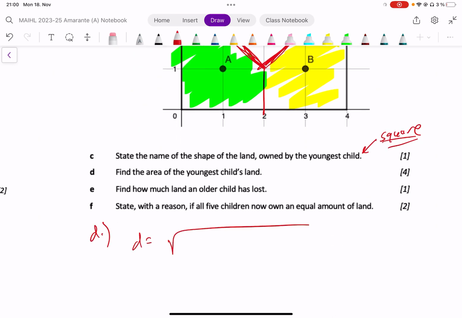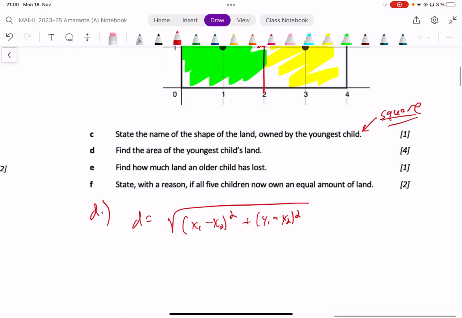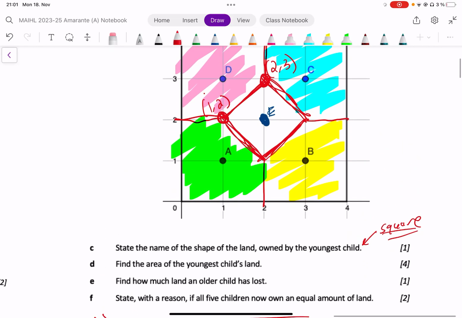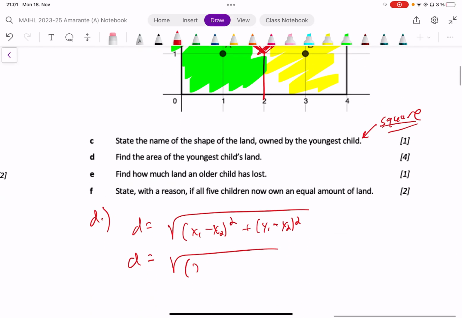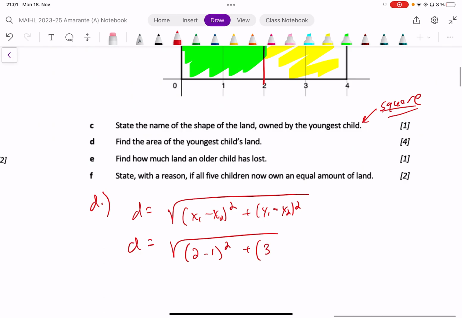So the distance is the square root of x1 minus x2 squared plus y1 minus y2 squared. The formula might actually be switched, but it doesn't matter what you're subtracting. So it's the difference in the x's, so 2 minus 1 squared, plus the difference in the y's, 3 minus 2 squared.